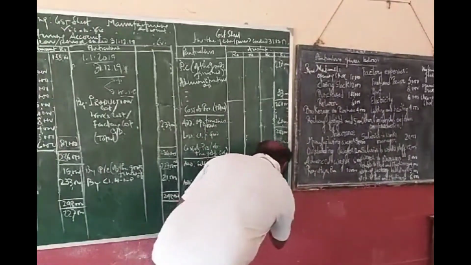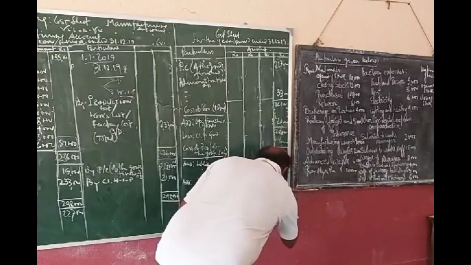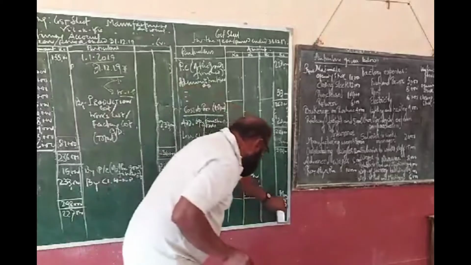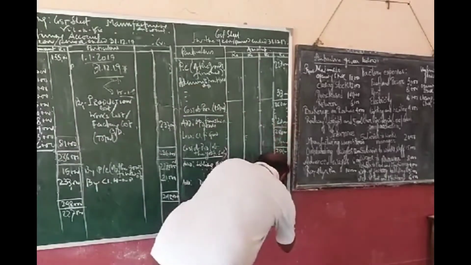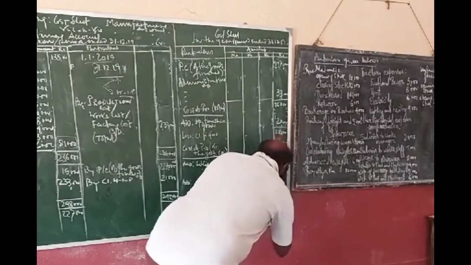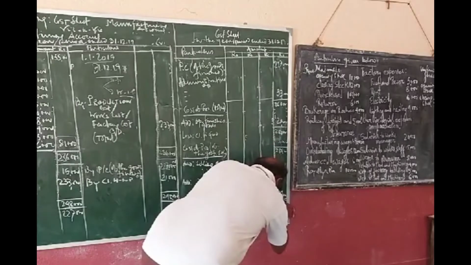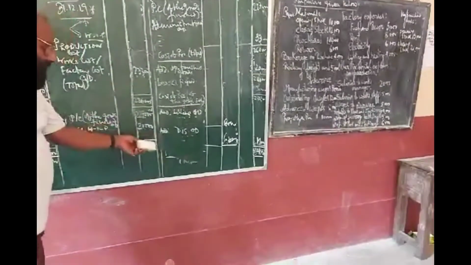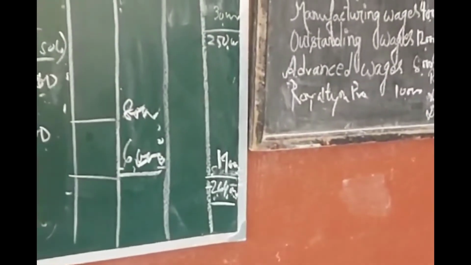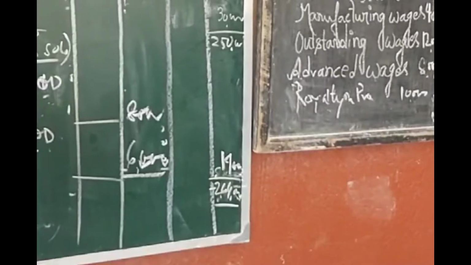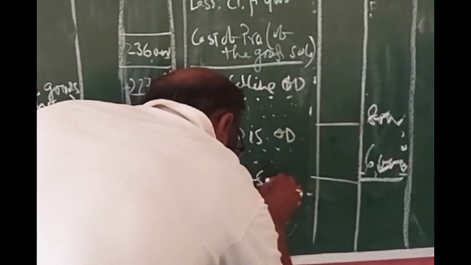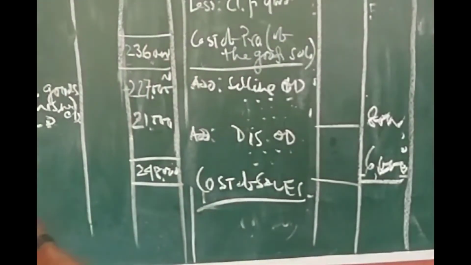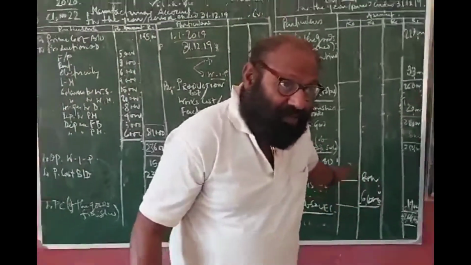So what is it? It is 14,000. Okay. Now this is the cost of sales. 2,64,000 is our cost of sales. Okay. Now that is the completion of the cost sheet. And our cost sheet targets to find out this.